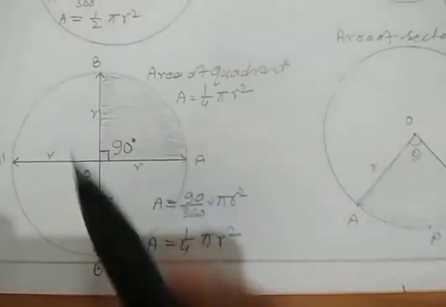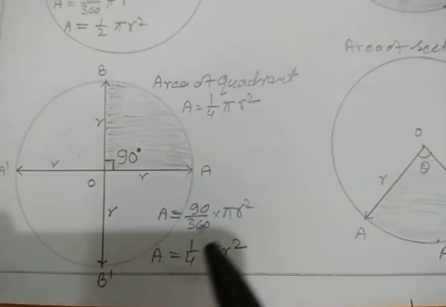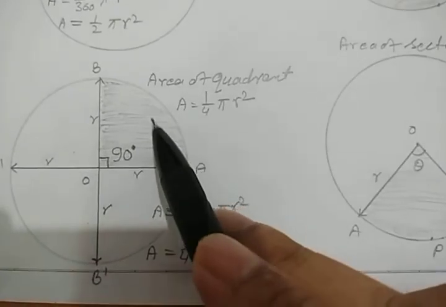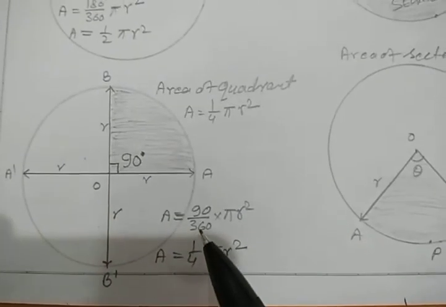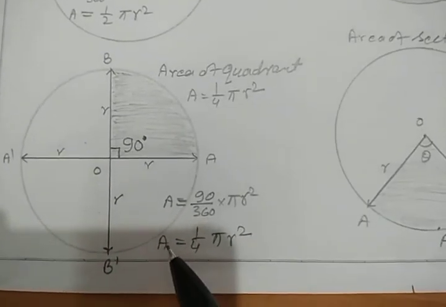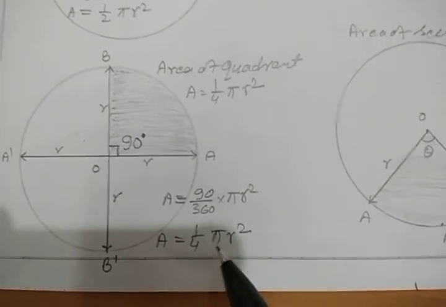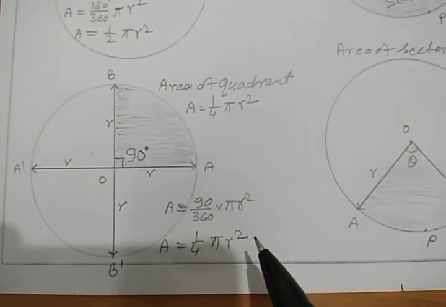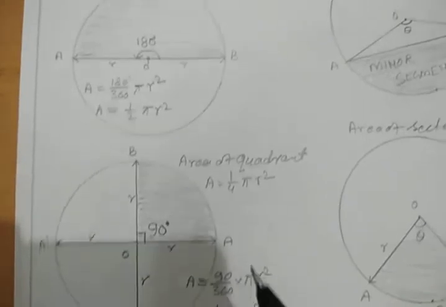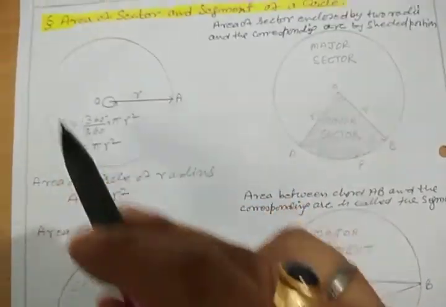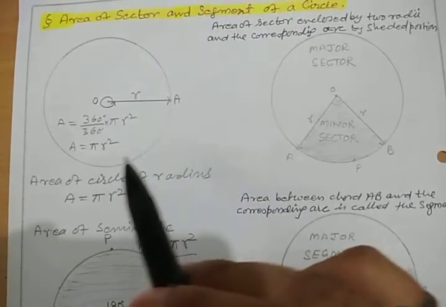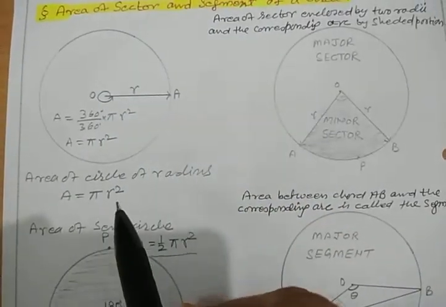The area of the whole circle is pi r square of radius r. Then only this shaded portion area, which is known as the quadrant, is A equals 1 by 4 pi r square. So we conclude that if we take a complete revolution, complete 360 degree angle, area is pi r square.